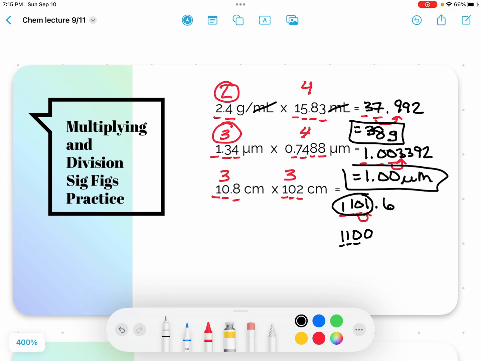If I added a decimal here, that makes this 0 significant. So I have to leave off the decimal so that I have the correct number of sig figs. So that means my answer will be 1100 micrometers. Or sorry, centimeters.